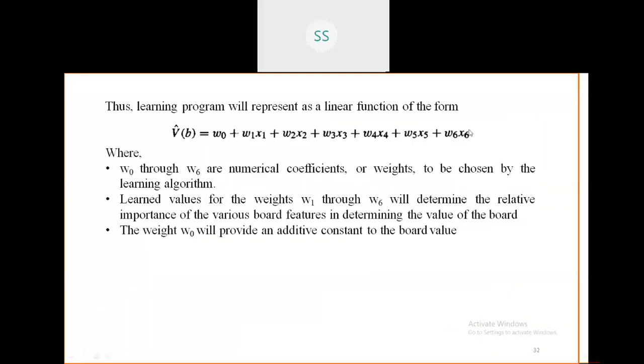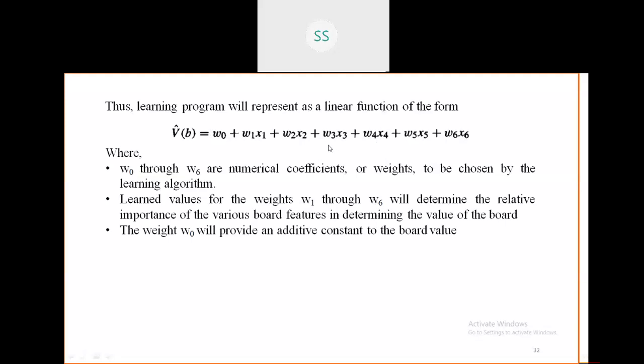We are assigning a value for each one of them, so the weights are w0, w1 up to w6, and x1, x2, x3, x4, x5 and x6 are nothing but the values of the instances you are considering.